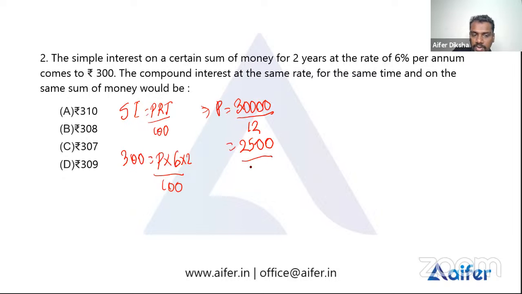We have it as 2,500. Then the question is the compound interest at the same rate for the same time and on the same sum of money.